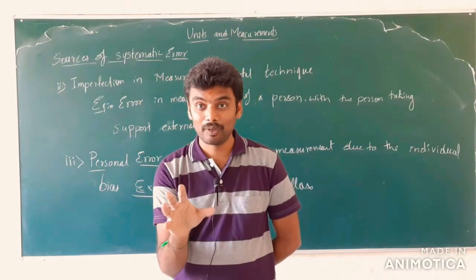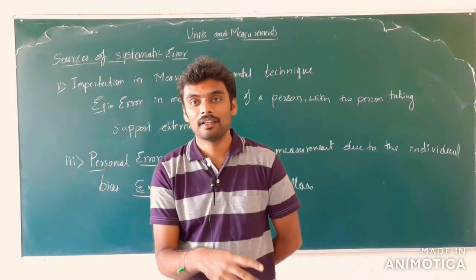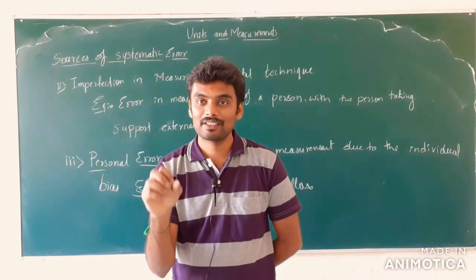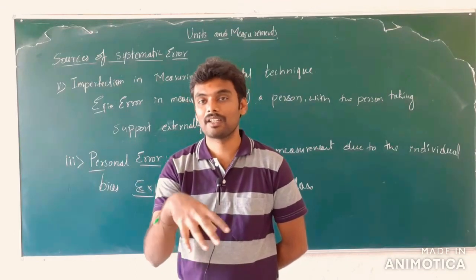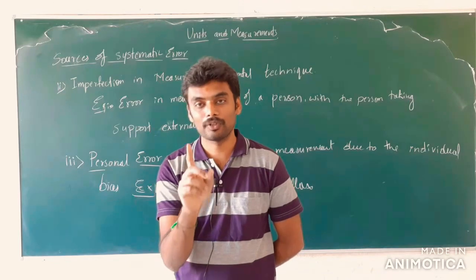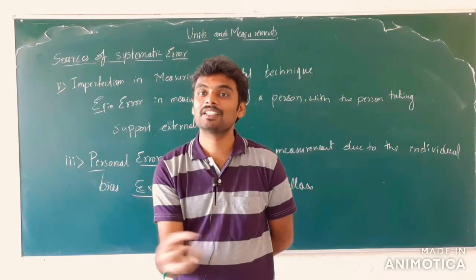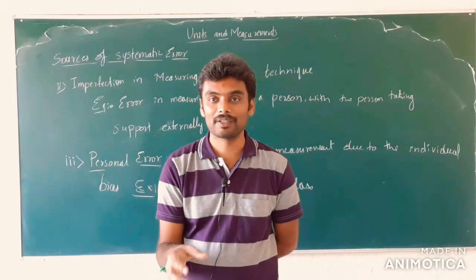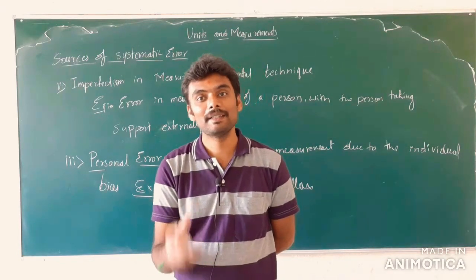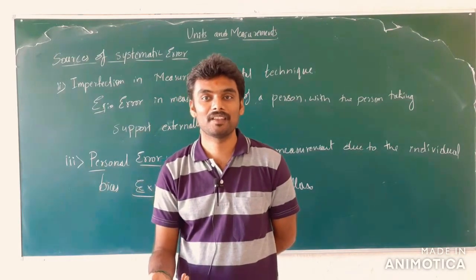The person's eyes are proper, they are not affecting the reading. The person who is measuring does not have any disability, and there are no two persons, there is only one person who is measuring it, but the technique which he is using to measure is imperfect, it's not right, that is why he is getting that error, isn't it?